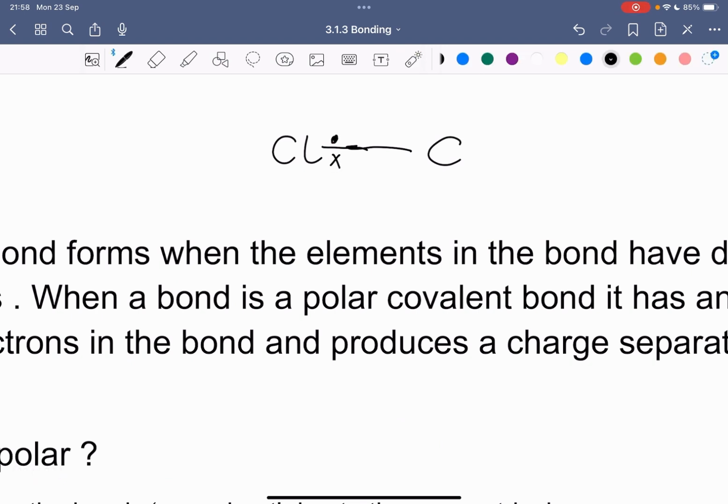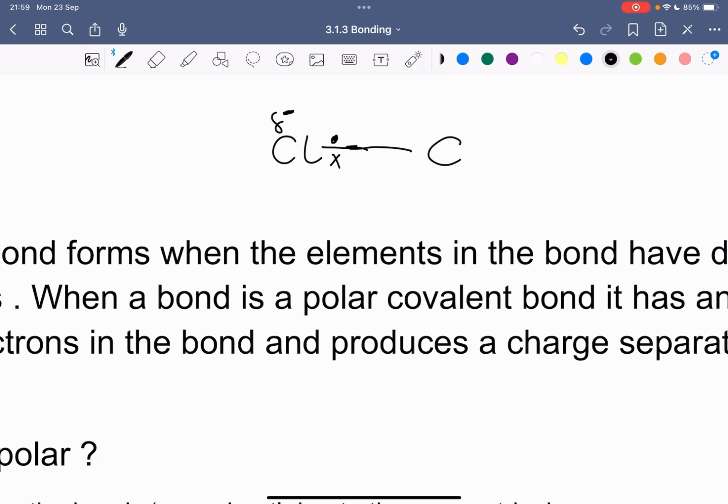Therefore, what polarity is about is that since the electrons are closer towards the chlorine, it has more negative charge around it, so it's slightly negative. It's not fully negative because it's not an ionic bond. It's still covalent, still sharing the electrons.